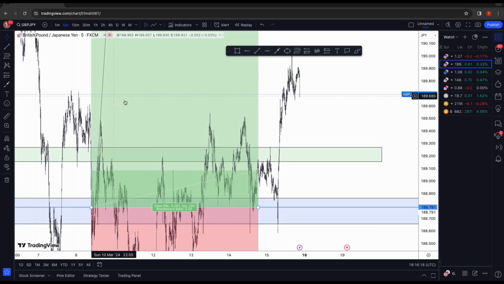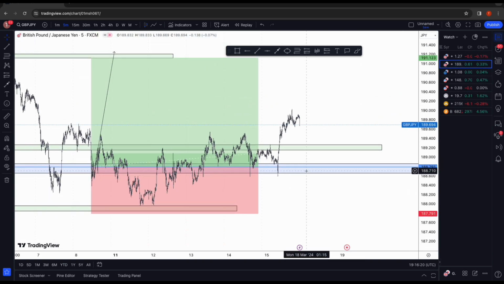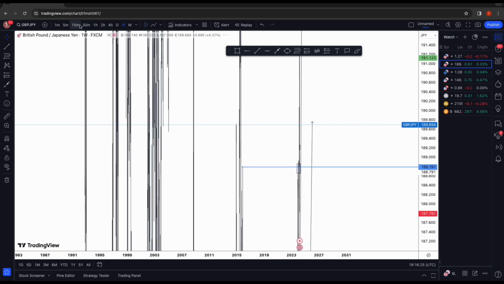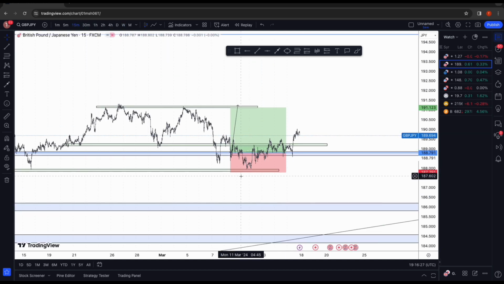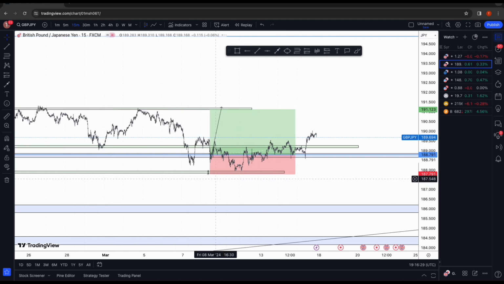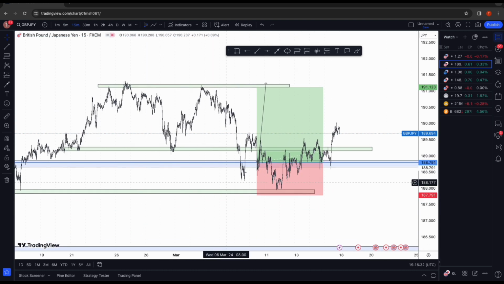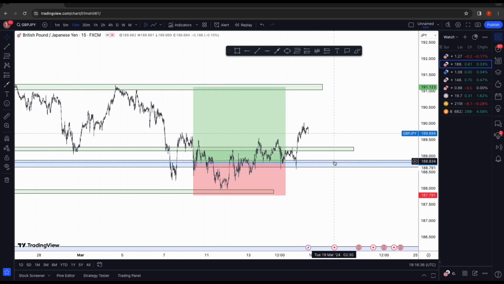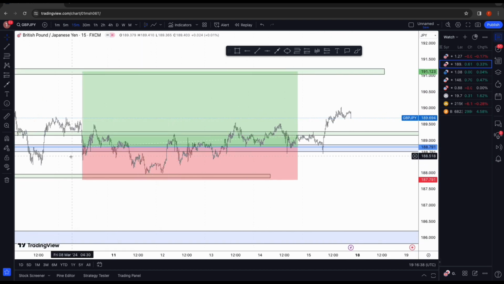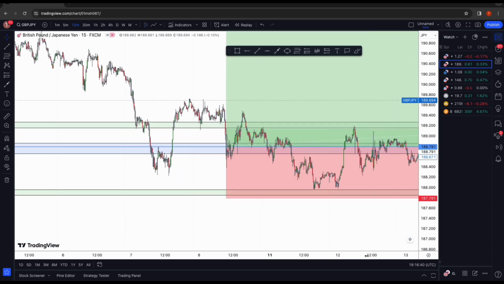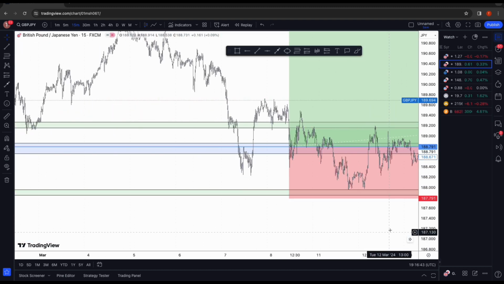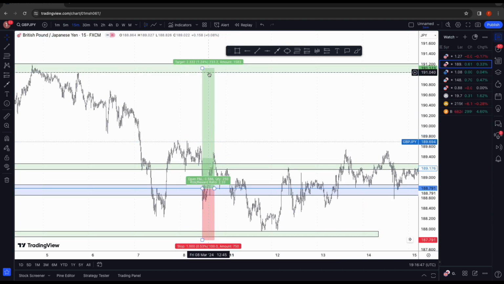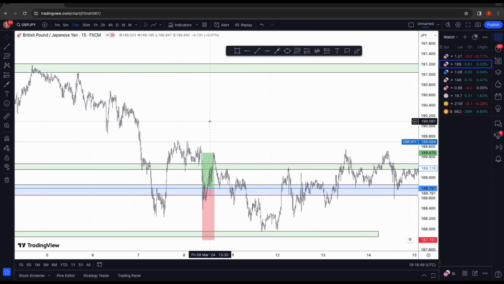Next pair, GBP JPY. So I'll just go at what I was looking at last week, maybe the week before, to be honest. But I was looking for buys, and I think I got a small profit like this.